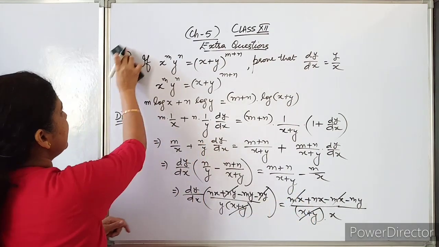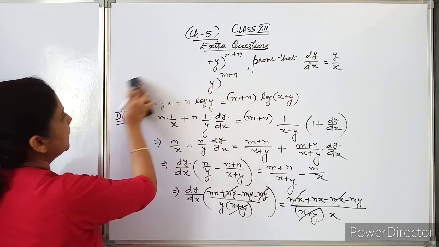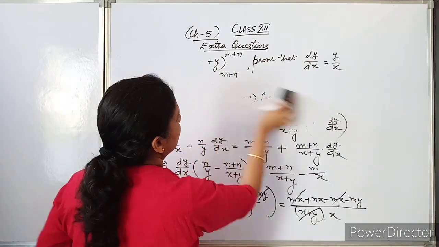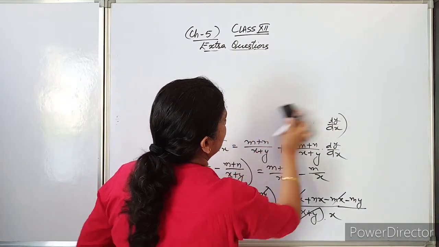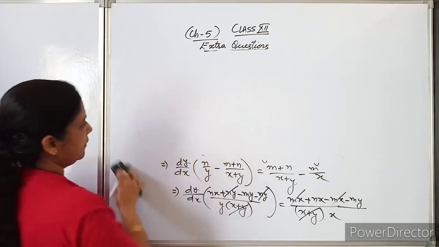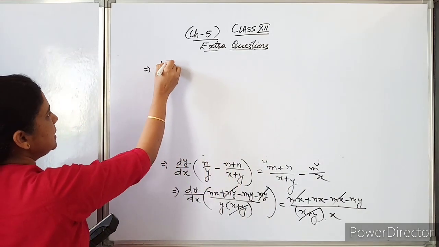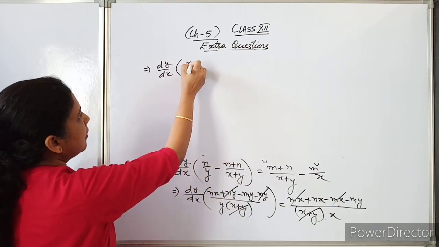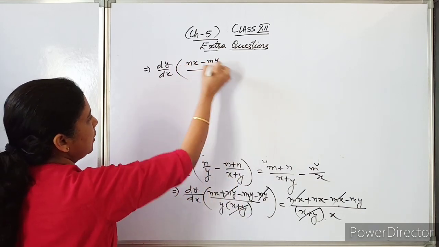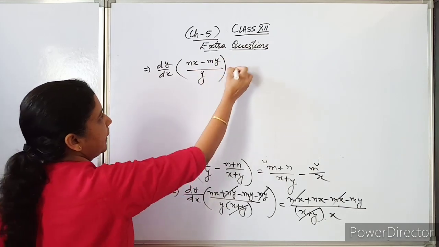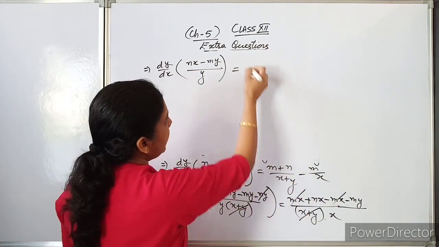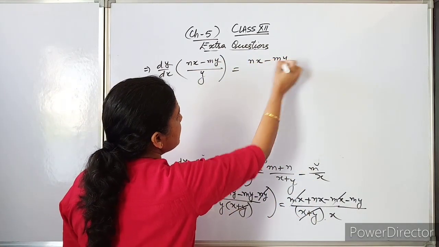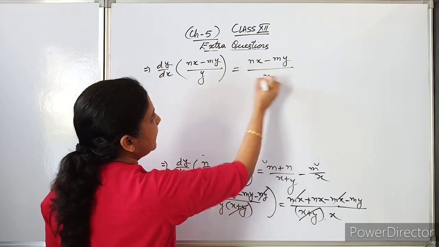So in the next step, we are having dy by dx into nx minus my whole divided by y is equal to nx minus my upon x.